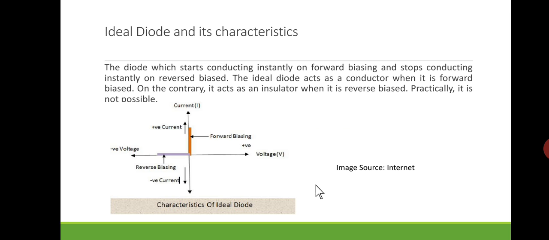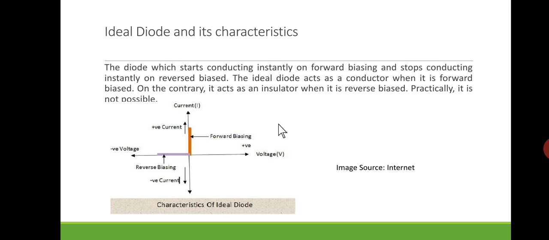And the final topic is the ideal diode and its characteristics. Okay, so what does ideal mean? When the diode is forward biased, it acts as a conductor.